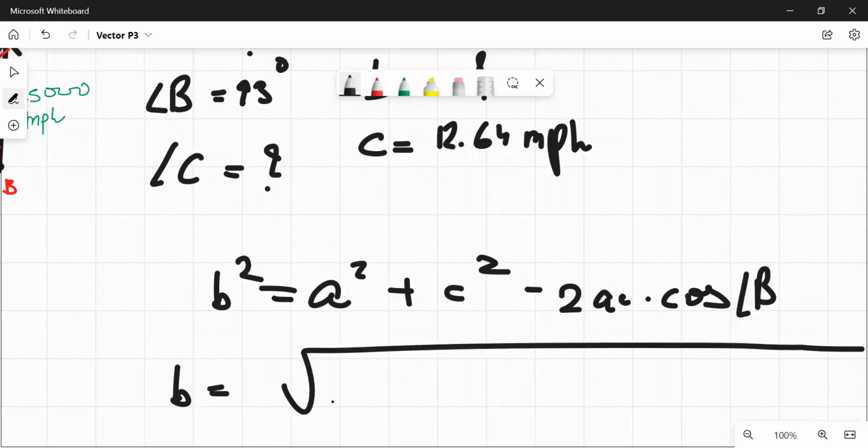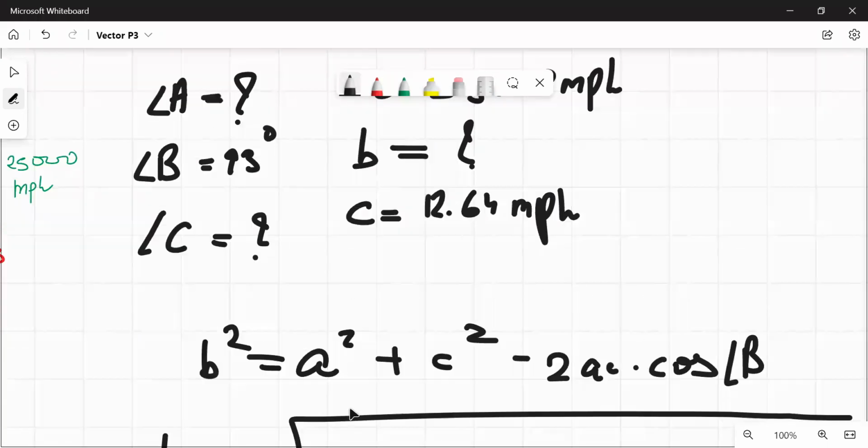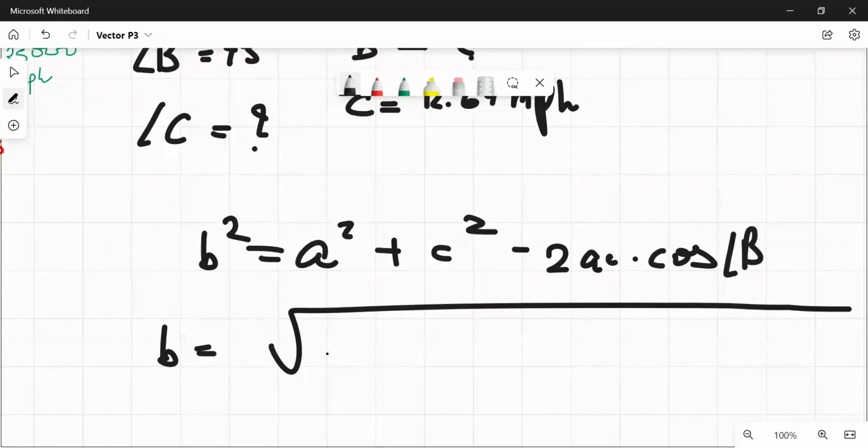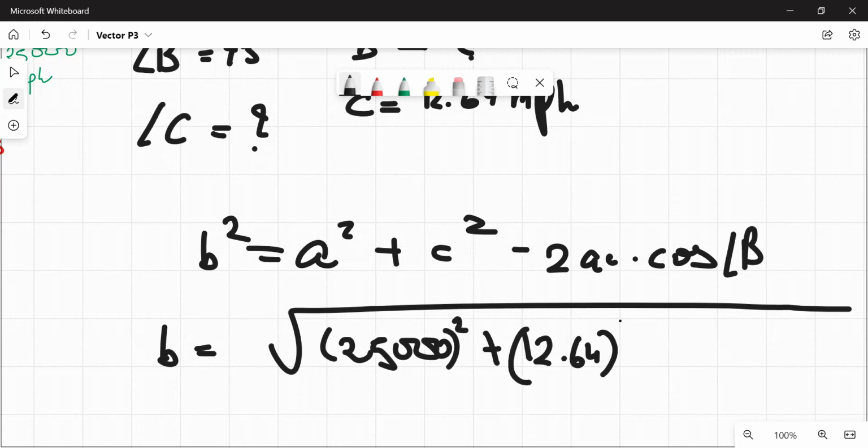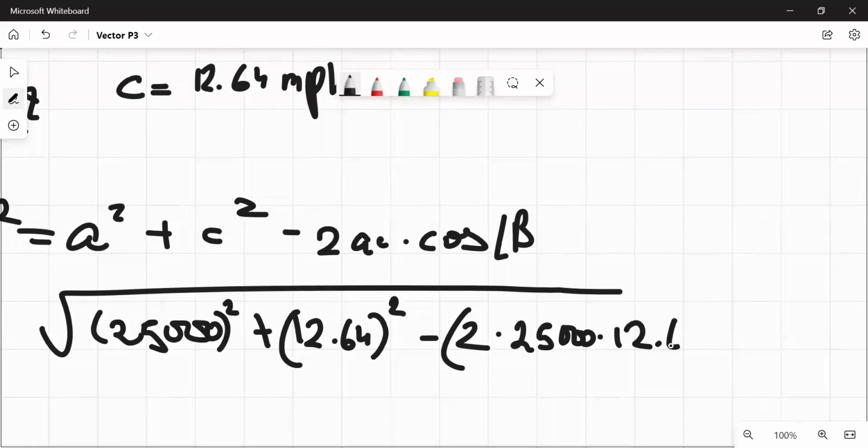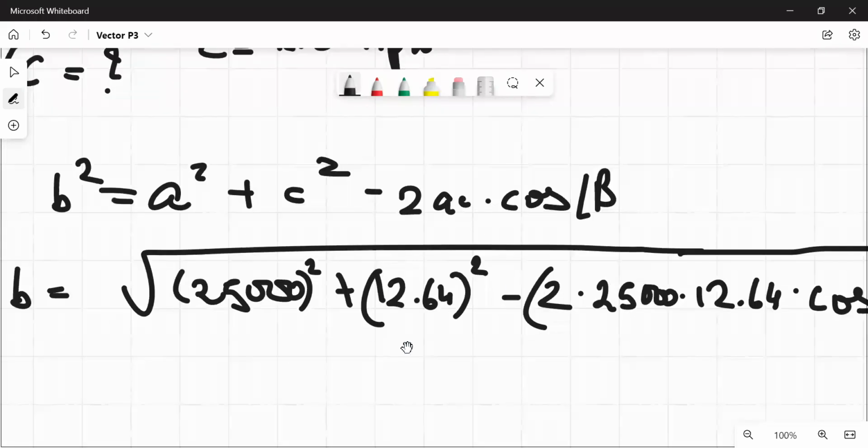A squared, what's a, that's 25,000 squared, plus 12.64 squared, minus 2 times 25,000 times 12.64 times the cosine of 93 degrees. That was angle B, B for beta.